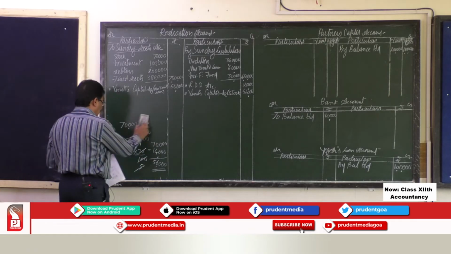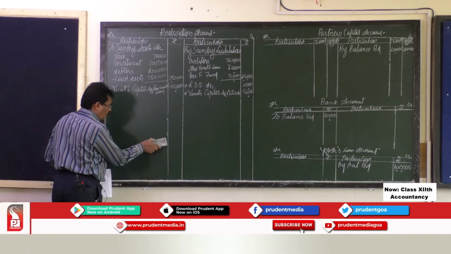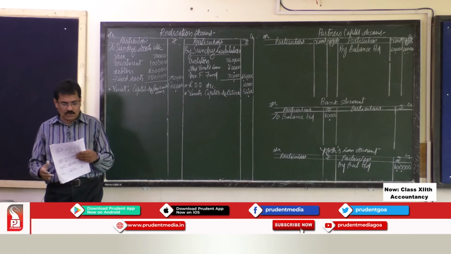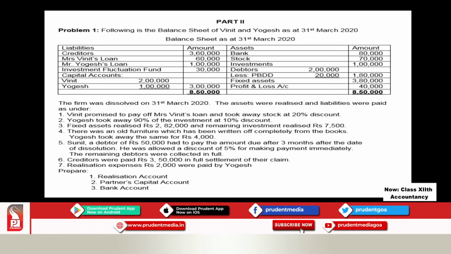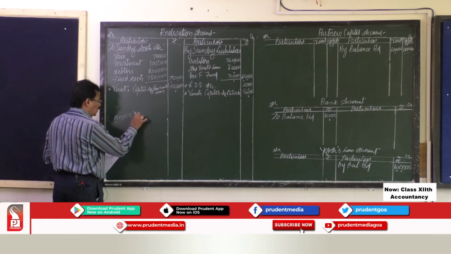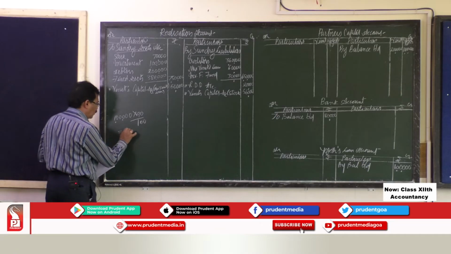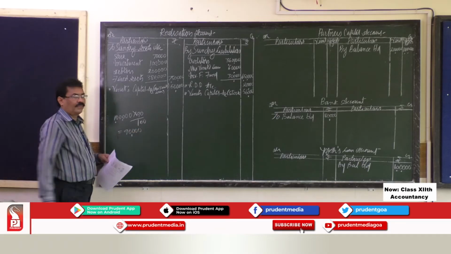Now, coming to the next adjustment, that is adjustment number 2. Yogesh took away 90% of the investment at 10% discount. Your investment was rupees 1 lakh. Yogesh took 90% of this. 90% of 1 lakh gives you 90,000.